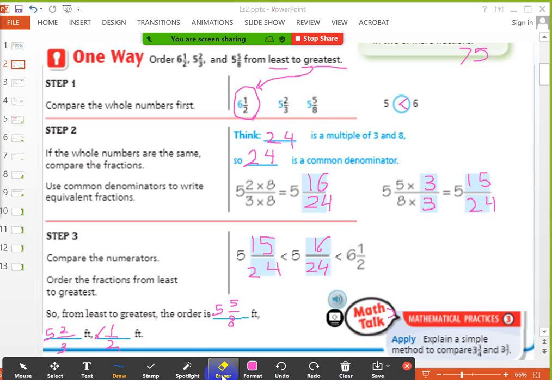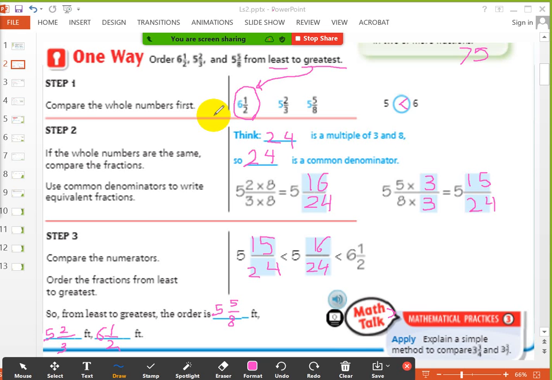Okay. Girls, I will repeat quickly why I multiplied the fractions. Because I want to order the mixed numbers. If I want to order, that means I have to compare the numbers.